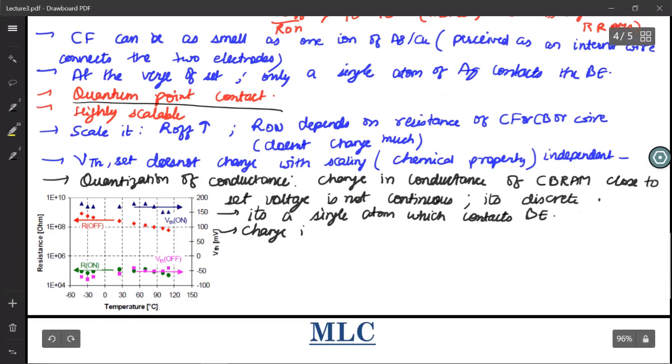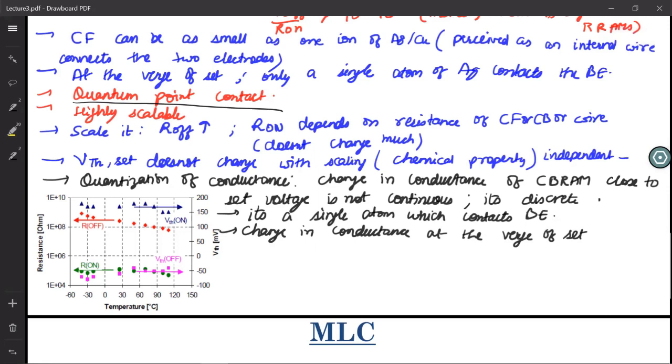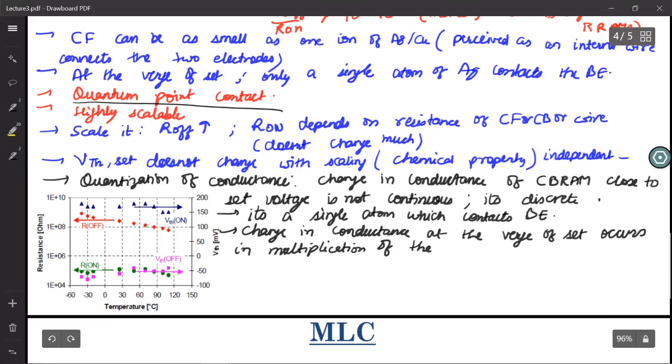The change in conductance at the verge of set occurs in multiples of the fundamental conductance.